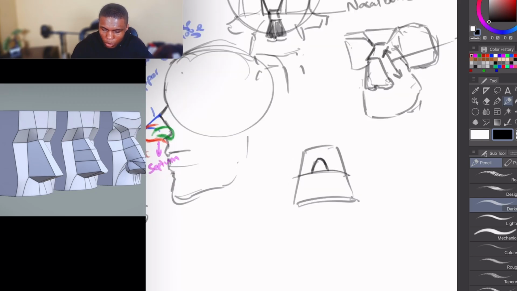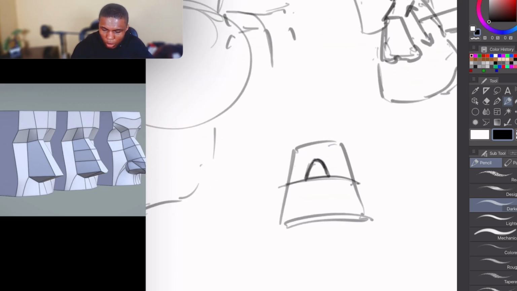This simple triangular shape is what is going to help you to properly place the head at an angle that makes sense, so that your character won't look off.